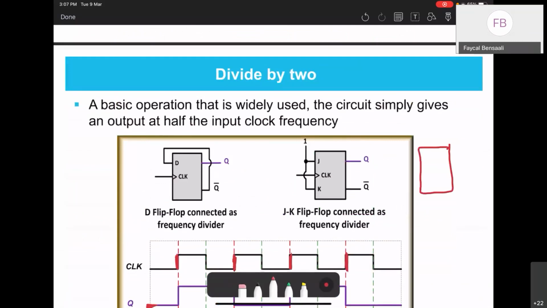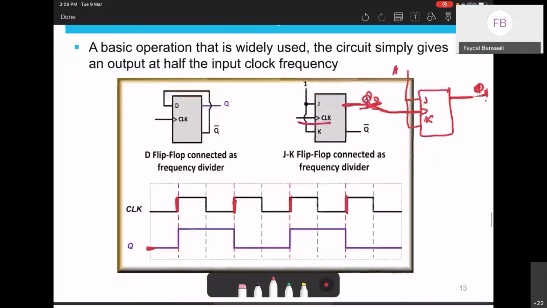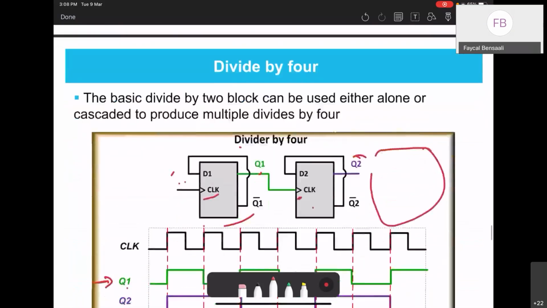If I want to divide by 4, I will add another one here, again with 1 on J and K, and the clock connected here. This will be Q0, and this is Q1. This Q1 will have double the period of this Q0. I can repeat this to generate different frequencies.